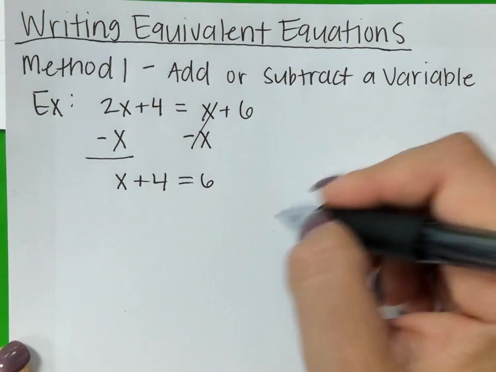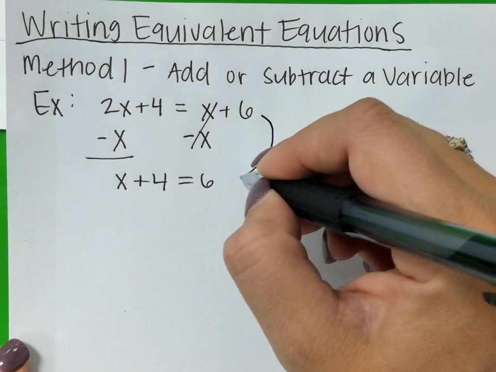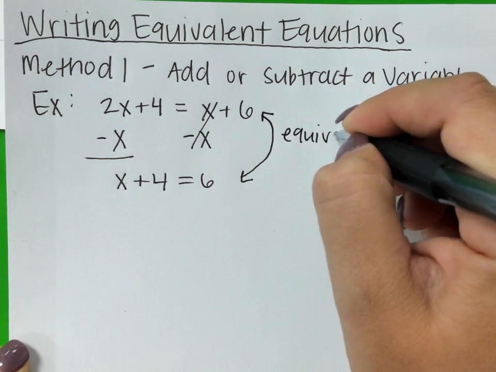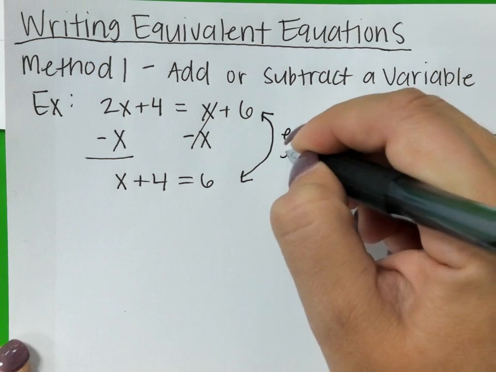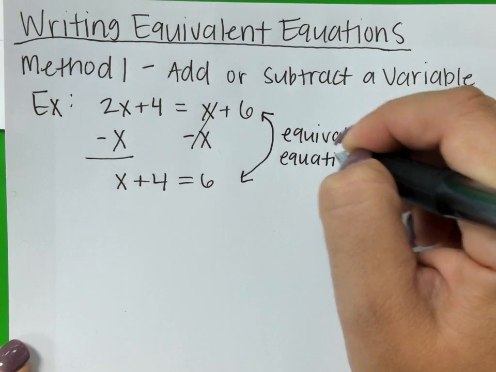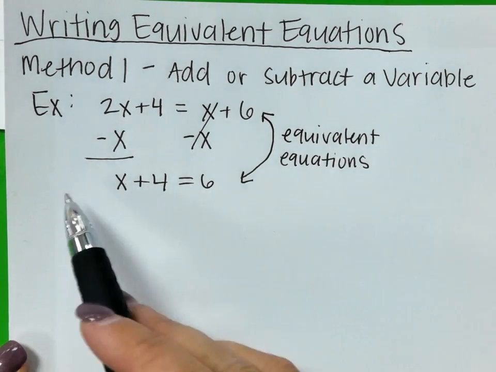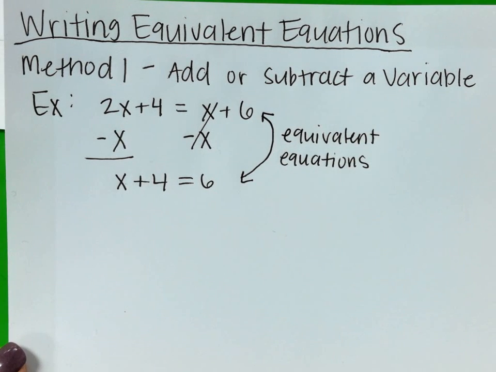So, this tells me that these two equations right here are equivalent equations. Not yet. So is all you just do, just complete the x and become equivalent? Mm-hmm. Because we did it to both sides. Remember, whatever you do to one side, you have to do to the other in order to remain equality.